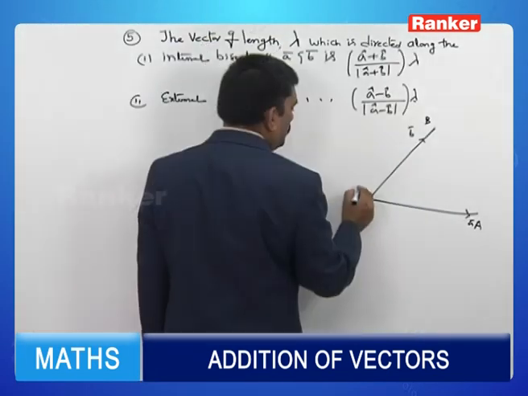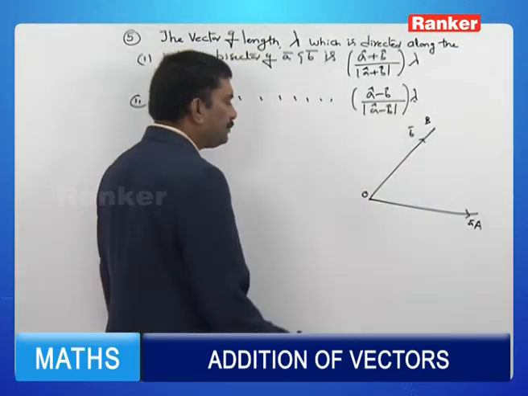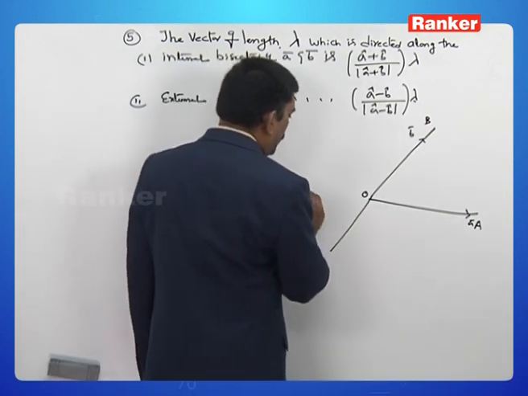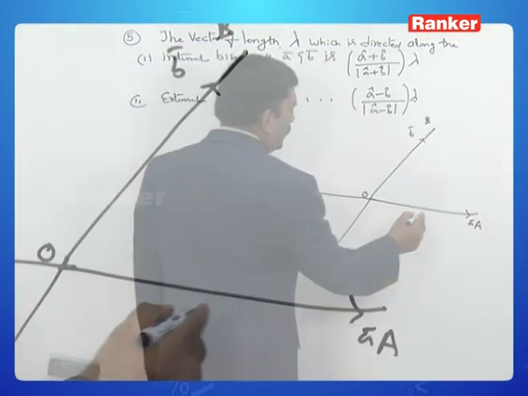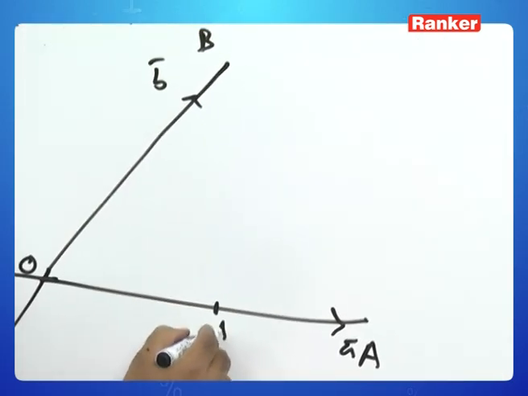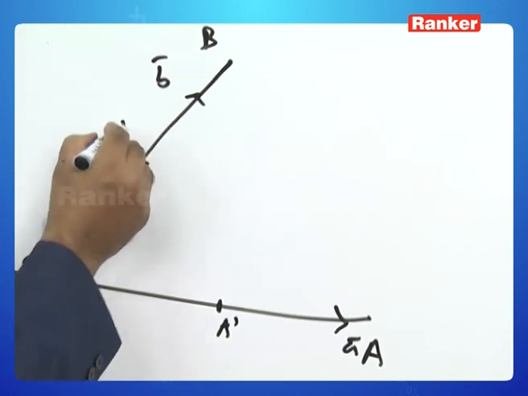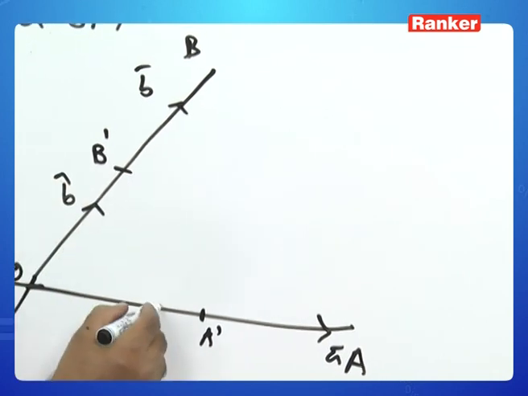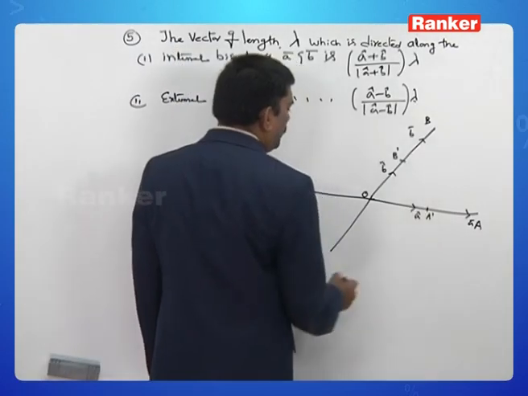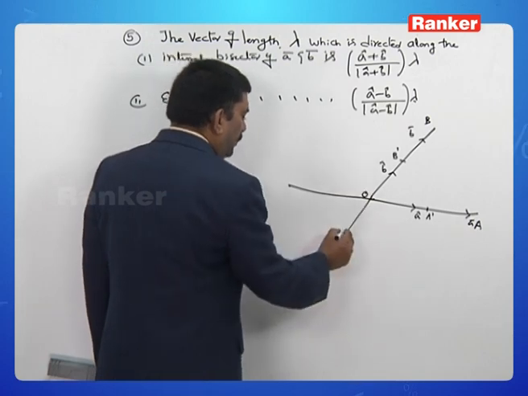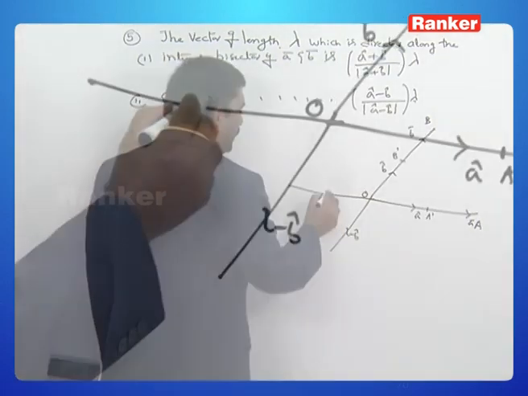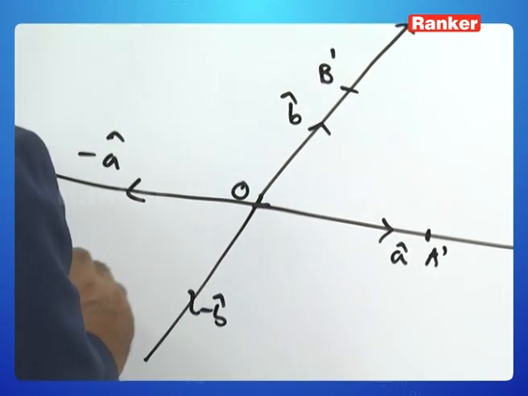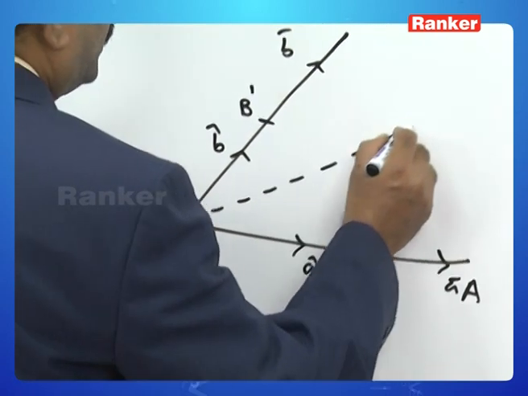Yes, now this is O. Now look here, if you go in a negative direction, you take A dash, you take B dash, the unit vector in the direction of B bar is B cap. In the direction of A bar is A cap. Now if I go in a negative direction, it is minus B cap, minus A cap. This is the vector along the internal bisector.